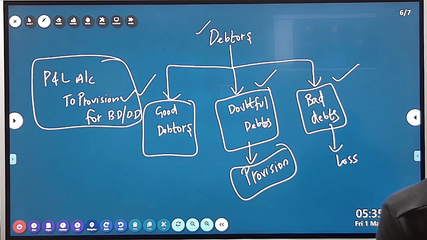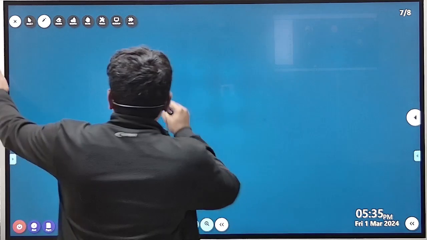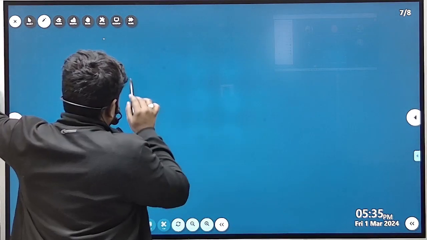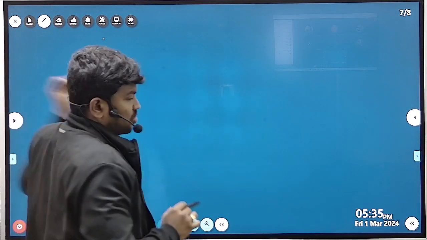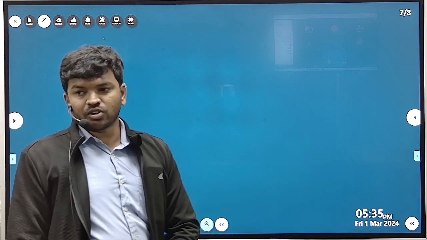Mutual set off between debtors and creditors. Suppose you purchase some goods on credit. What is the entry?